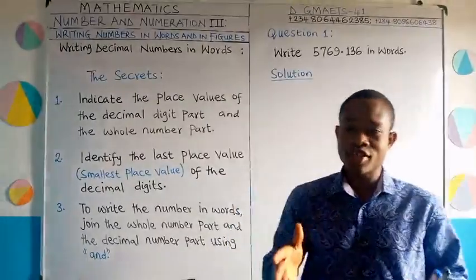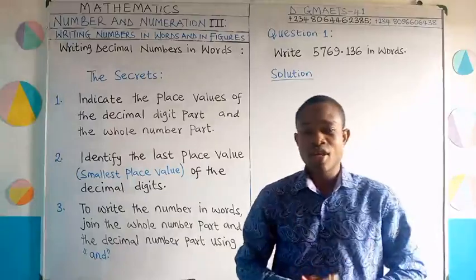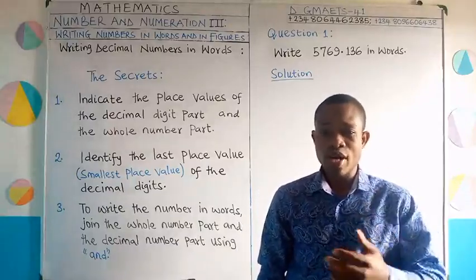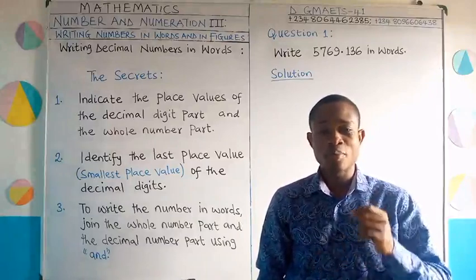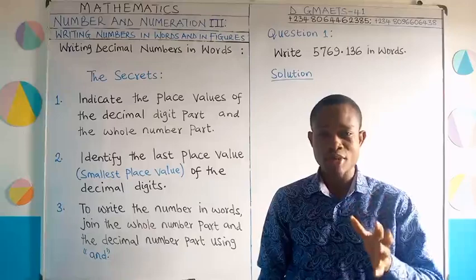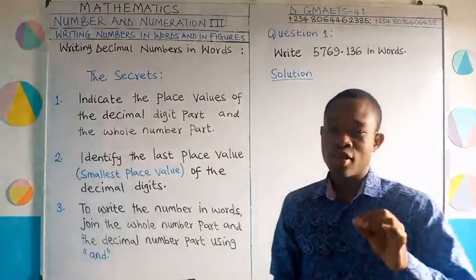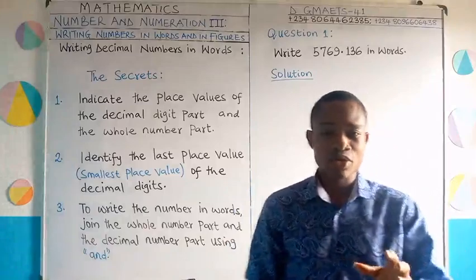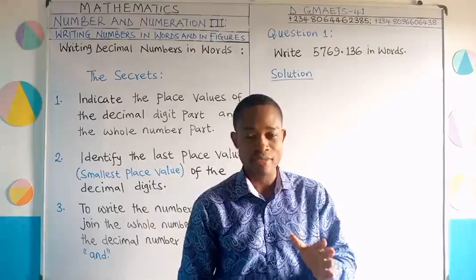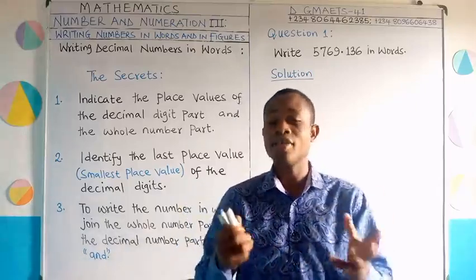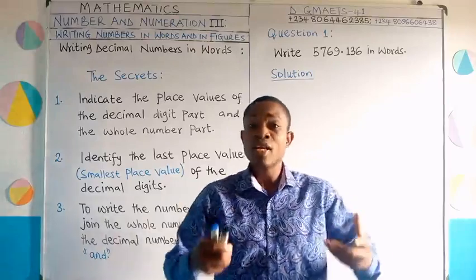To move on into this lesson, I would like us to remember what we learned when I taught you about place values of decimal numbers. I stated that the place value of decimal numbers starts with tenths, and that tenth is the highest place value there, right?